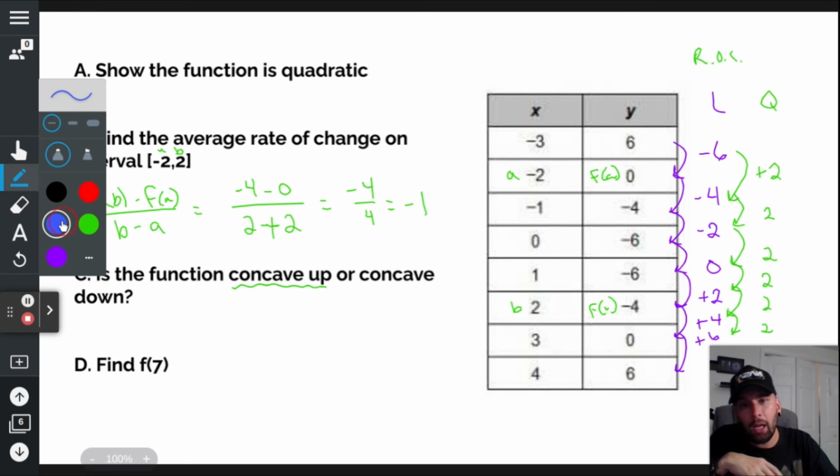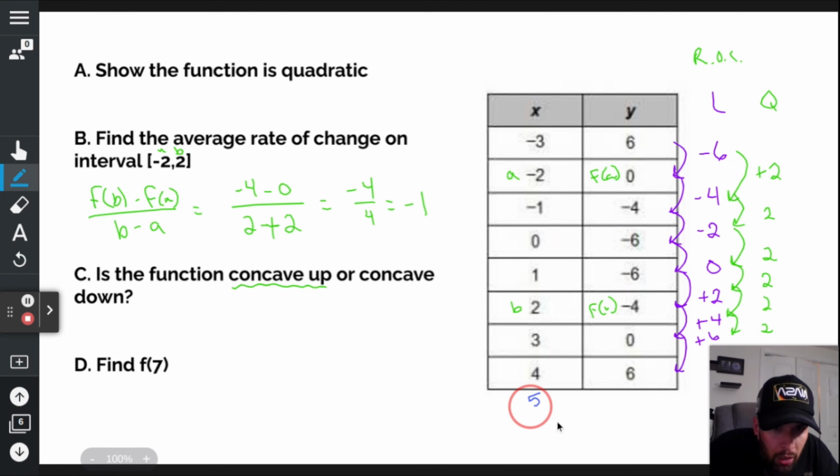Now to do the last problem, find f of 7, I have to use this information over here and keep this going. So I'm going to make you 5, I'm going to make you 6, and I'm going to make you 7. To get from 0 to 6, I added 6. According to this, every time I add a number here, I have to add 2 more. So to find f of 5, I add 8 more.